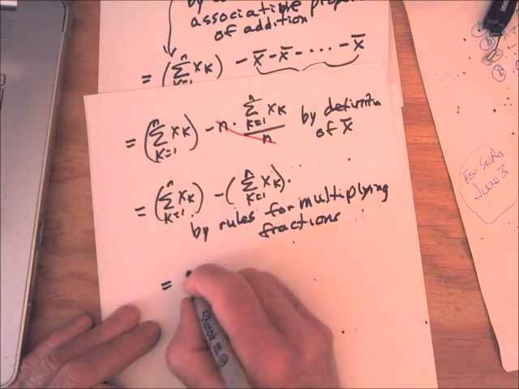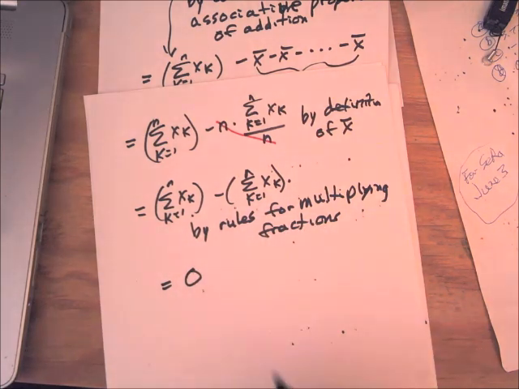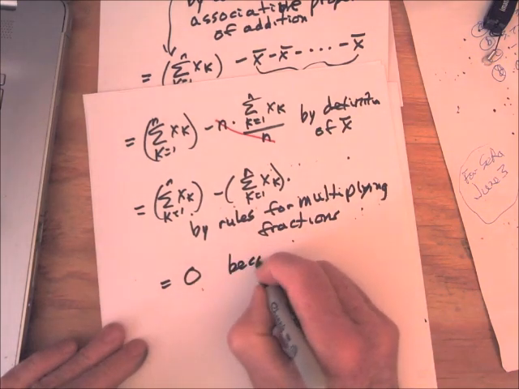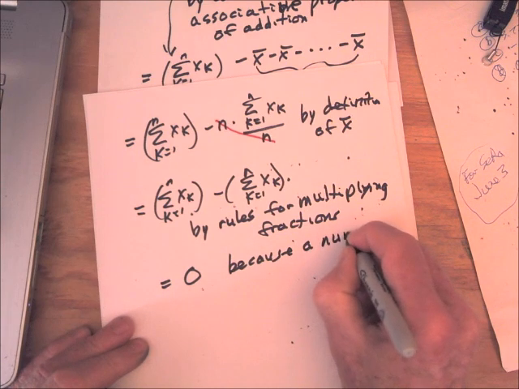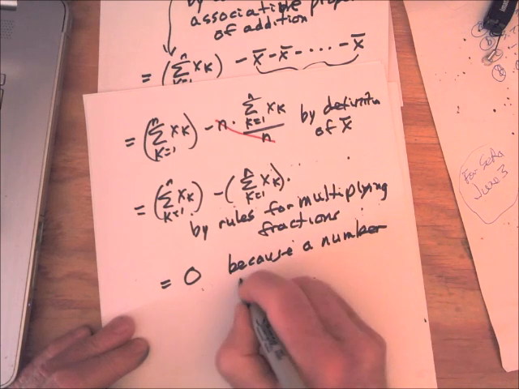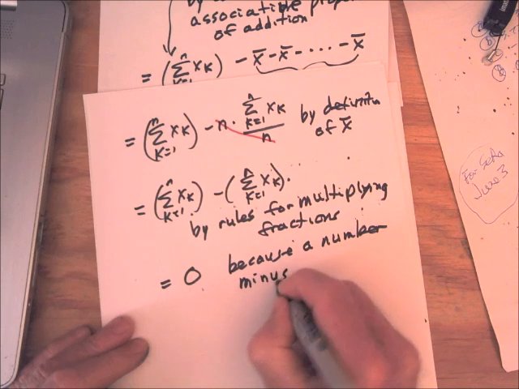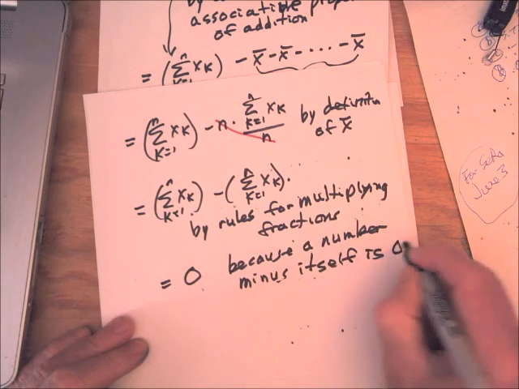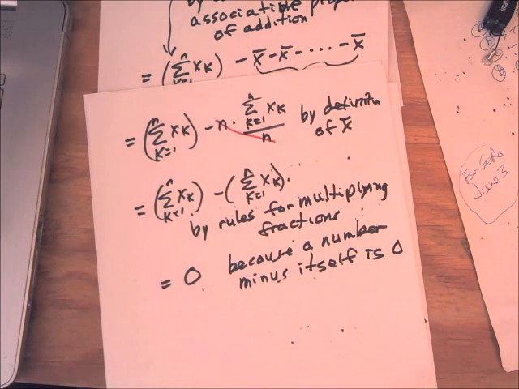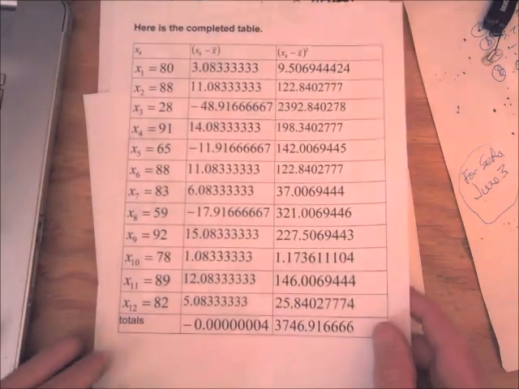Any expression minus itself is 0, because a number minus itself is 0. Okay, so that completes the proof. We just proved that for any data set, this column total should be 0.